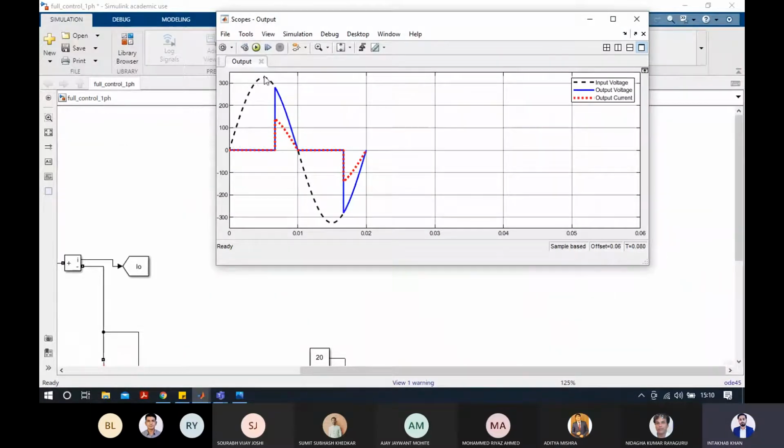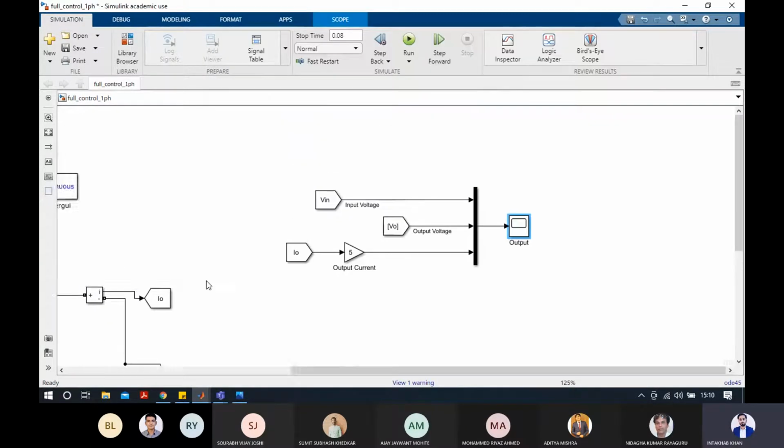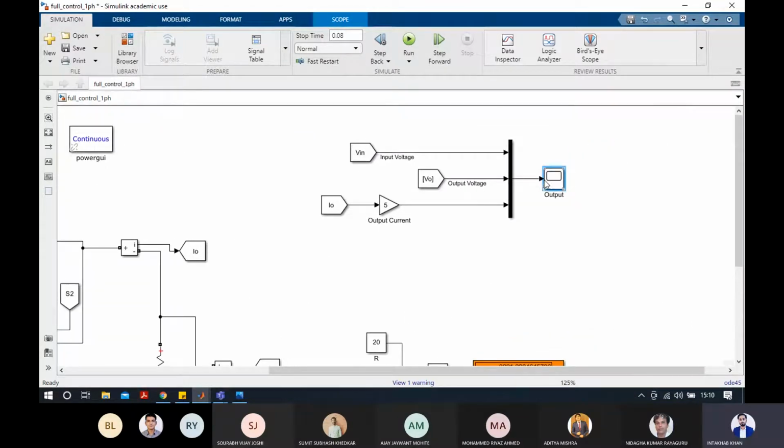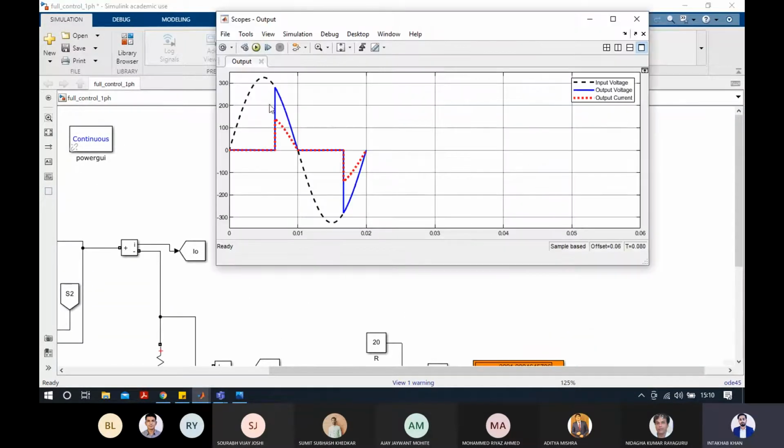Here this is V input, the continuous sinusoidal AC wave. Whenever you give the gate pulses to the thyristors at 120 degrees, at 120 degrees of phase delay the voltage before that is blocked with the help of a thyristor, and the voltage after that is allowed to pass.